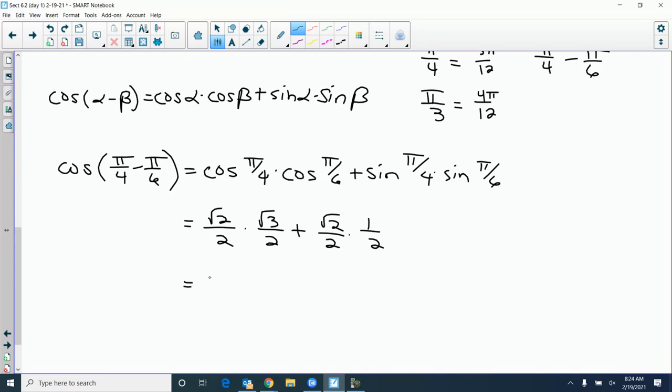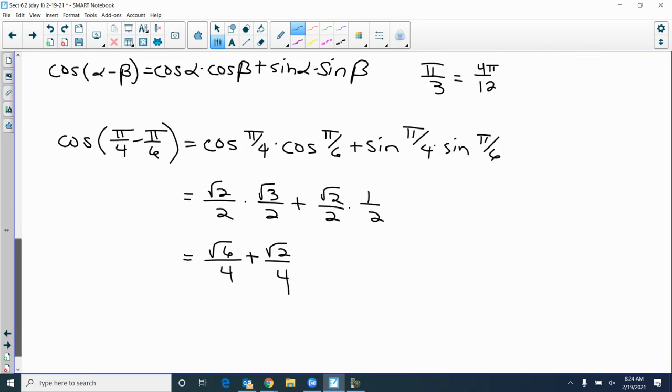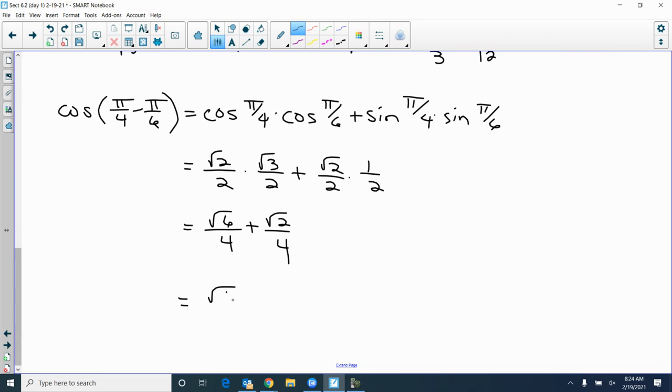So when I'm done, I end up with square root of 6 plus square root of 2, over 4. So those exact values are all going to look similar. You're going to have either square root of 6, square root of 2, and all over 4. It depends on whether they're positive or negative.